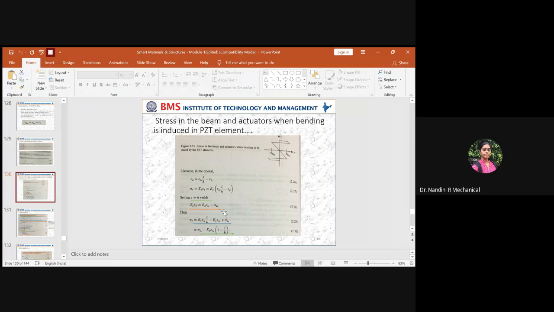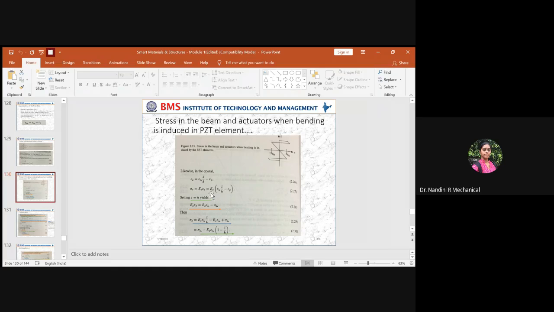Once you have derived this, you will make other small simplifications. Now you can go back to the equation where the stress of the actuator is equal to the same thing you will write: E suffix A, which is nothing but the elastic modulus of the actuator, times the free strain of the structure multiplied by Z upon H minus E suffix A. This value you have to substitute.